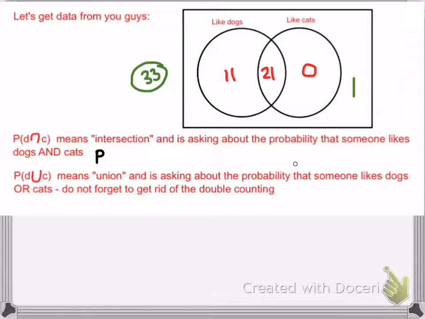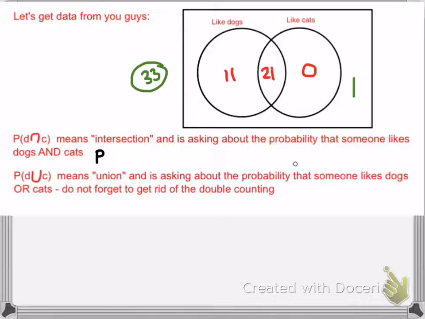Now, there's a couple pieces of vocabulary that you need to write down. So, the probability of dog with this funny little upside down U, okay, and I didn't draw it super well, but D with a little upside down U C means intersect. So this little symbol means the intersection. And it's asking you about the probability that someone likes dogs and cats.